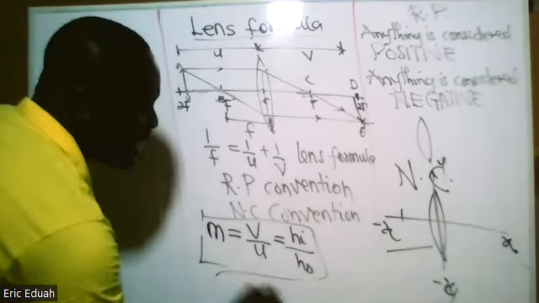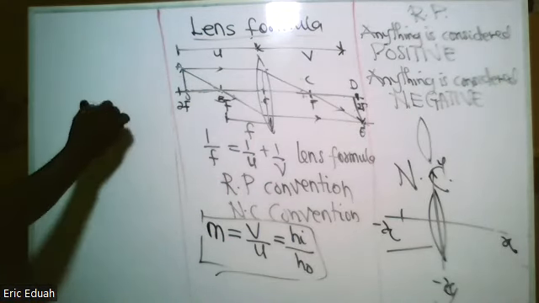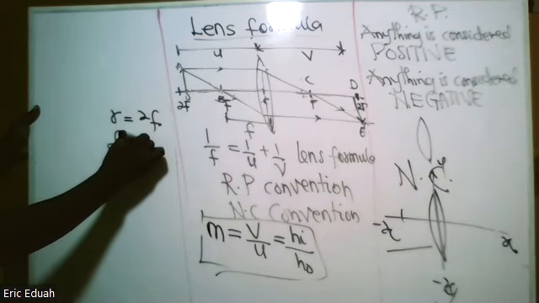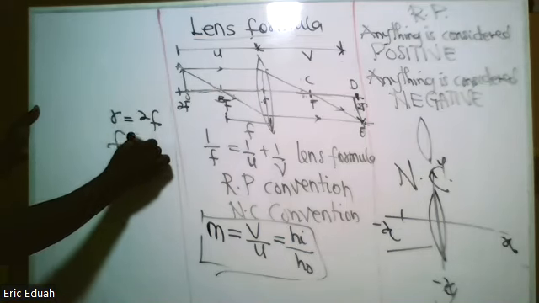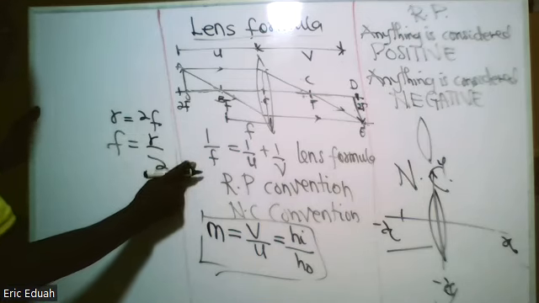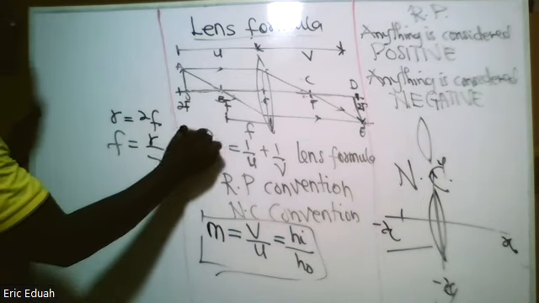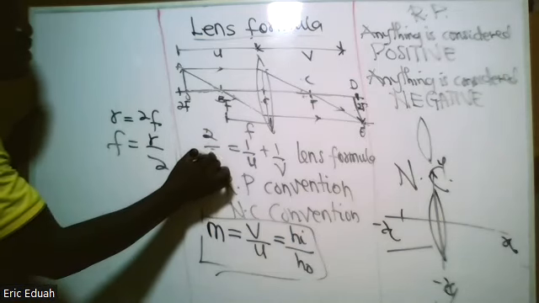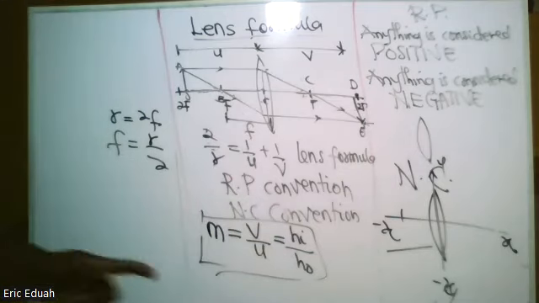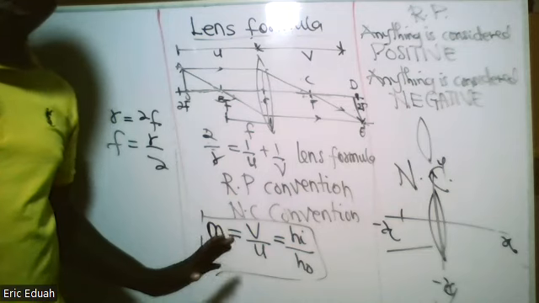So the same value of magnification is also used. Don't forget, R is also equal to 2 times F. So we can make F the subject, which is R on 2, and then substitute it here to have 2 on R. The same thing we've been doing under mirrors also plays out over here. Please, are we okay?